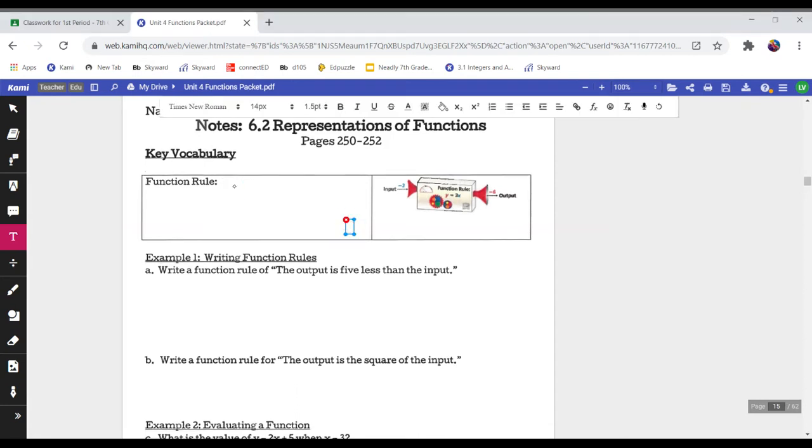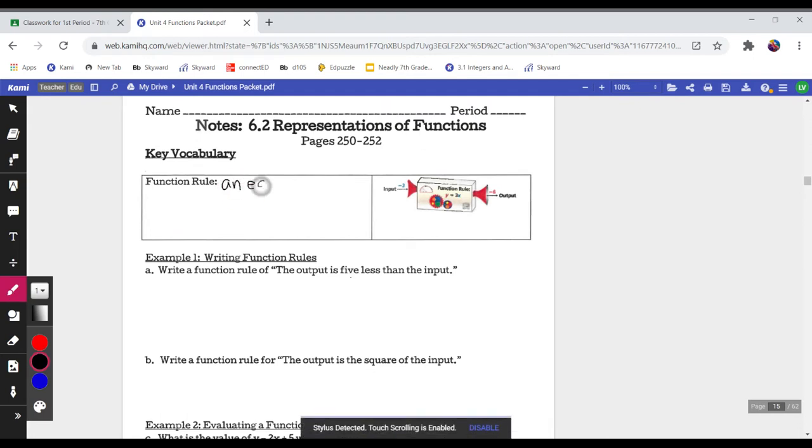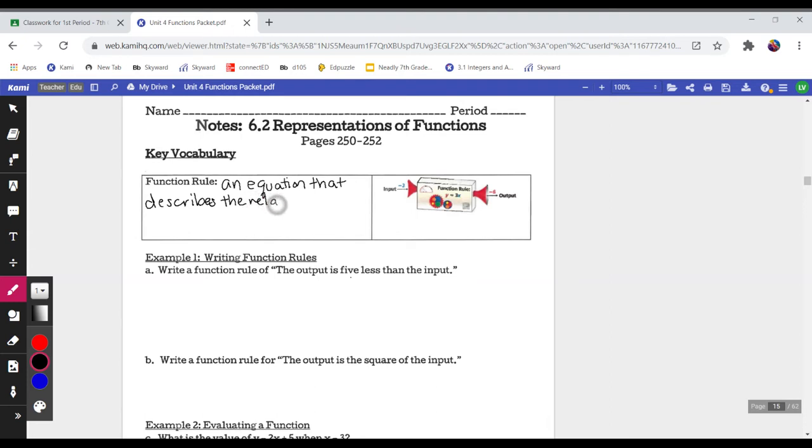This is an equation that describes the relationship between inputs, which are the independent variable, and outputs, which are the dependent variable.